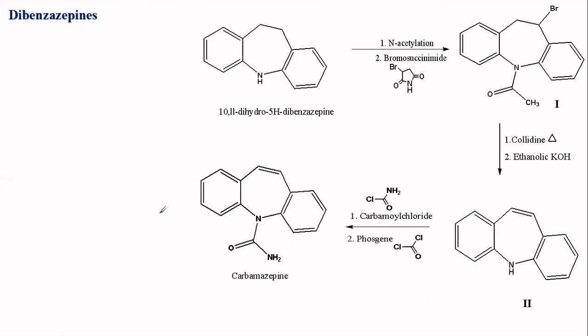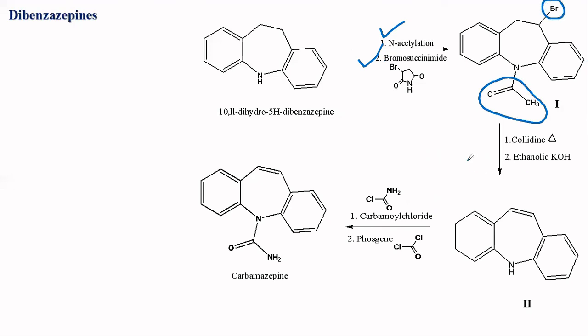So this is how the synthesis of dibenzazepine, specifically carbamazepine, takes place. The first main reactant is what? 10,11 dihydro 5H dibenzazepine, which is followed by N-acetylation and then the bromosuccinimide reaction. That leads to structure 1. Simply the acetyl moiety gets added, and the bromine moiety gets added on the central ring.